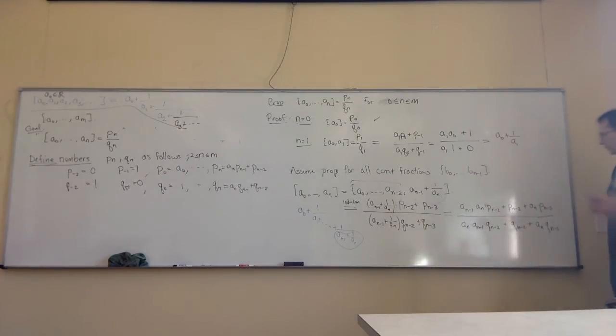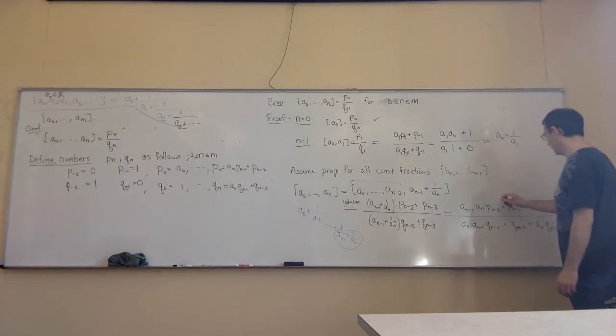Okay, and now we're going to try to get something that's a n times something plus something else. So just factor out a sub n on the top and the bottom as much as you can and see what happens. And this works out really nicely.